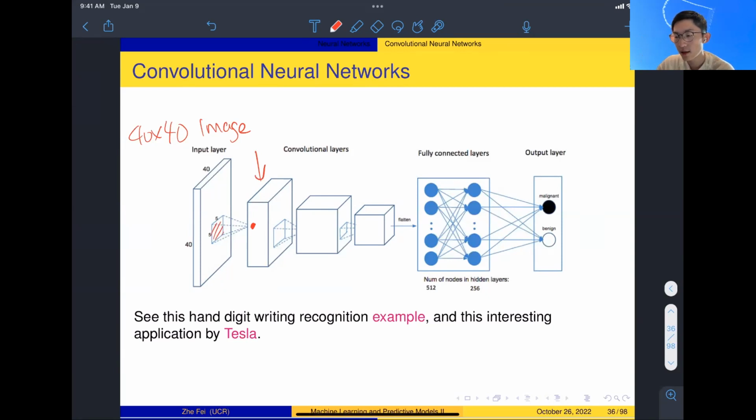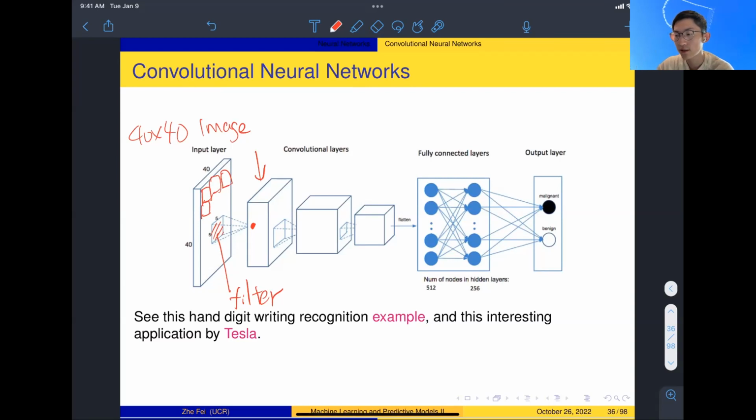We call this 5 by 5 neighborhood the so-called filter, like the filter of your camera, right? We can move this 5 by 5 filter throughout our whole input image so that we get a reduced, more concentrated convolutional layer.